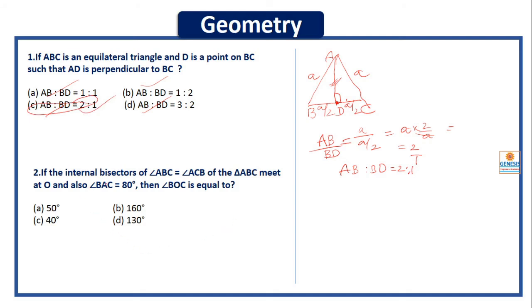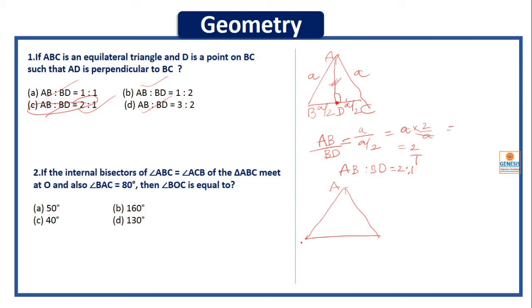Next, internal bisectors of ABC, ACB of triangle ABC meet at O, meaning that is the incentre.